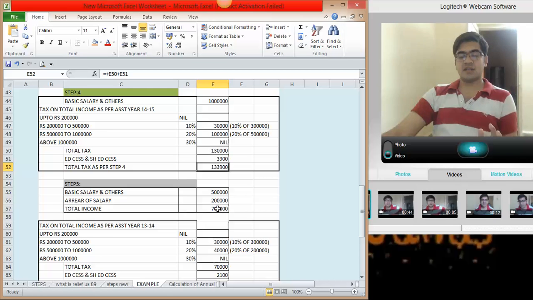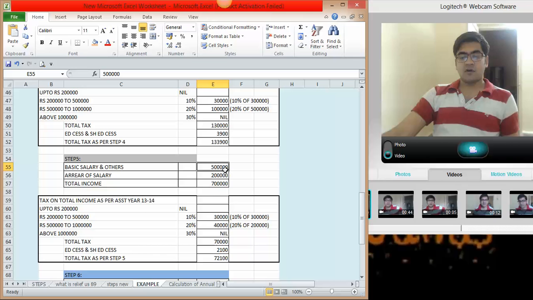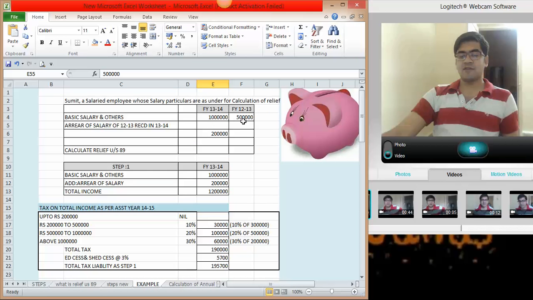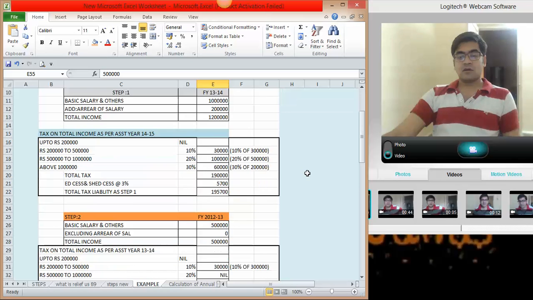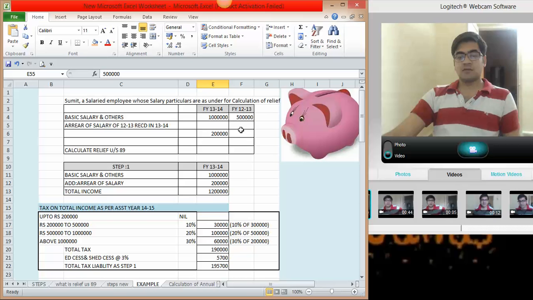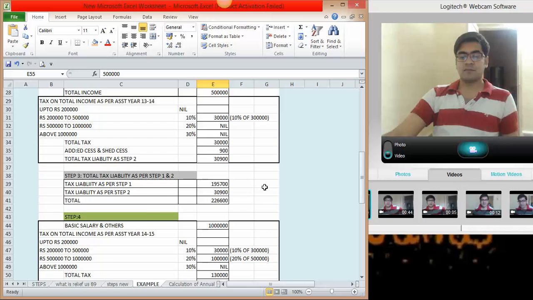Now you can see, in step 2 I had added 2 lakh rupees to 5 lakh rupees, in step 1 I have added this 2 lakh rupees in the financial year 13-14 income.